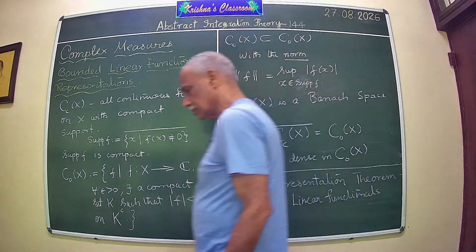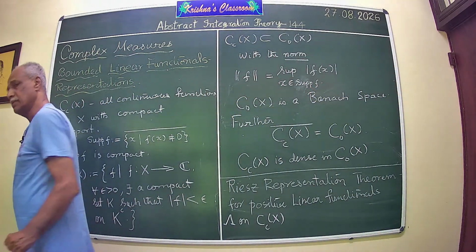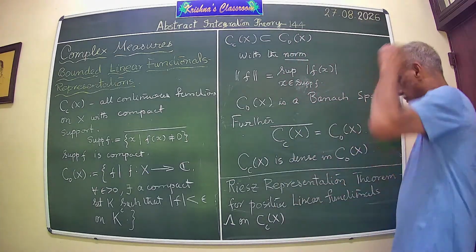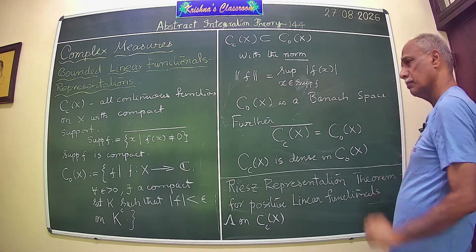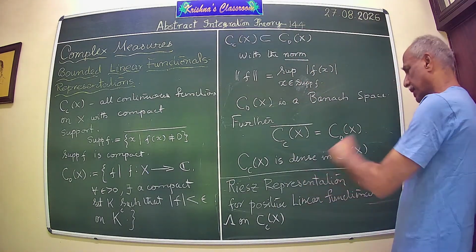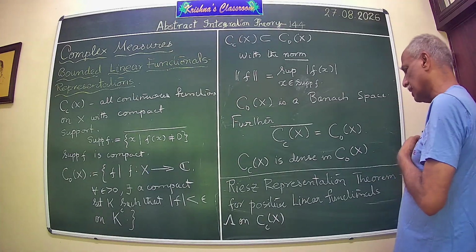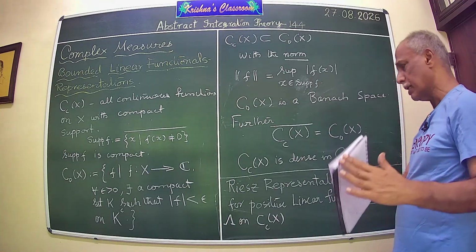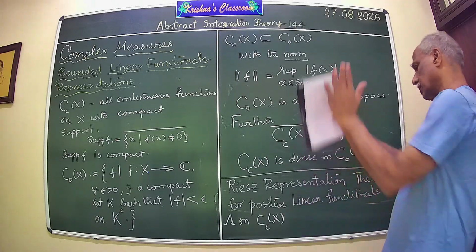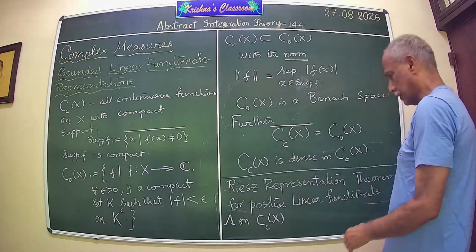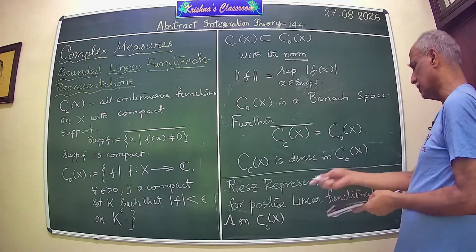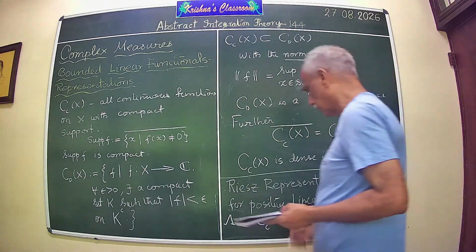Okay, right? Then the action of lambda on that will give you a positive number, and lambda is a linear functional on CCX. That means lambda is a linear map from CCX to R. Okay. A positive linear functional has this additional property.